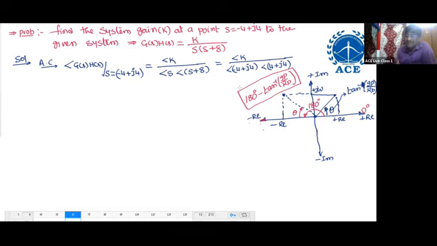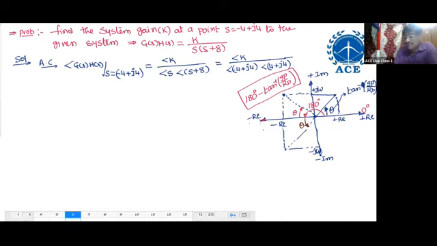In case of negative real and negative imaginary, minus j omega, this point, what is the angle? It is more than 180. Up to this is 180, so the angle is 180 plus theta.